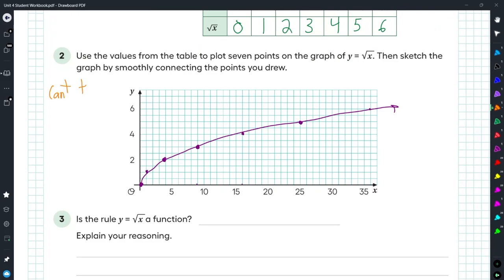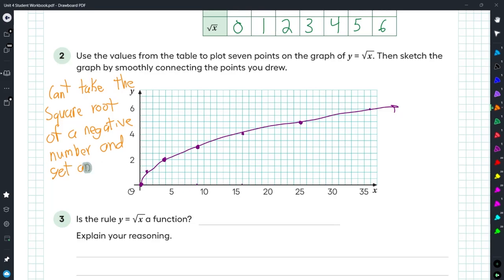Can't take the square root of a negative number and get an answer. And we saw that. We tried to take the square root of negative 1. The calculator gave us an error. So that's why you don't see any negative y values in this graph.